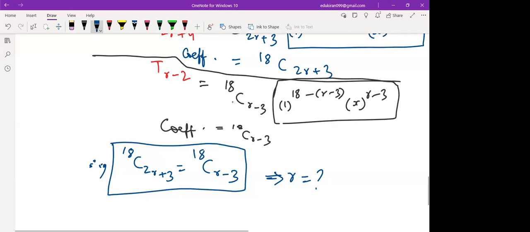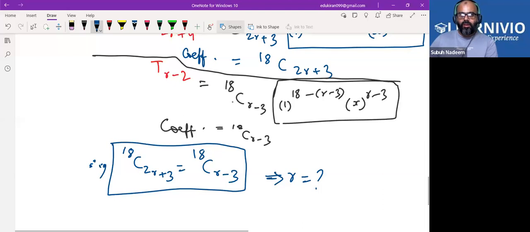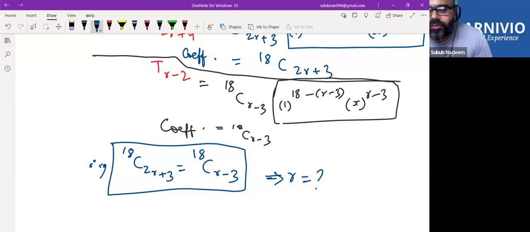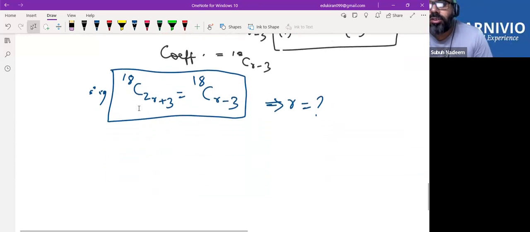So I got minus 6. Minus 6, r cannot be negative. How can it be minus 6? So there are two ways in which we can solve it.